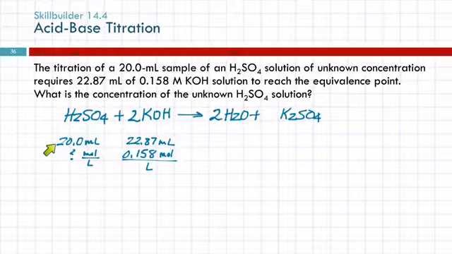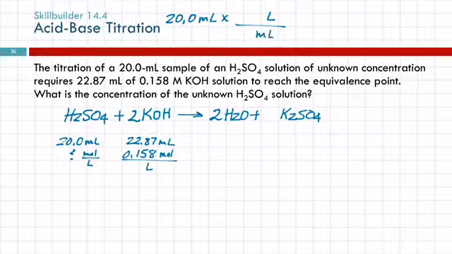We know what the volume is, although it's not in liters. So we need to convert that. 20.0 milliliters. We want liters on top and milliliters on the bottom. Milli means 10 to the minus 3, so I stick it on the other side from where milli is. 1 times 10 to the minus 3, and 1 down there. And it comes out to be 0.0200 liters.